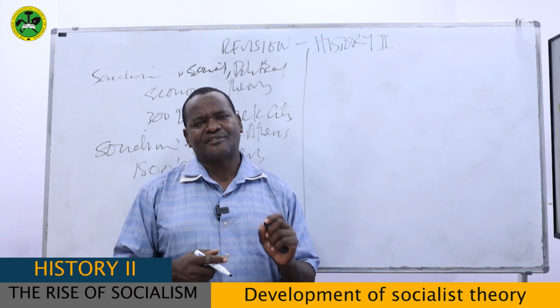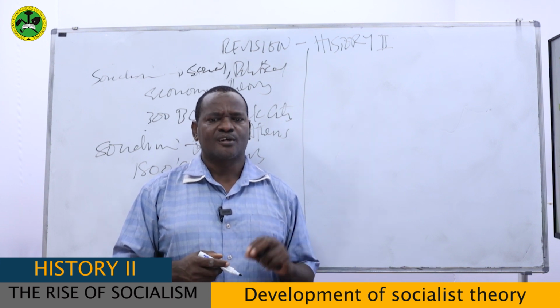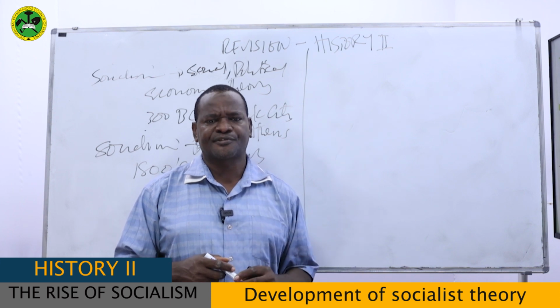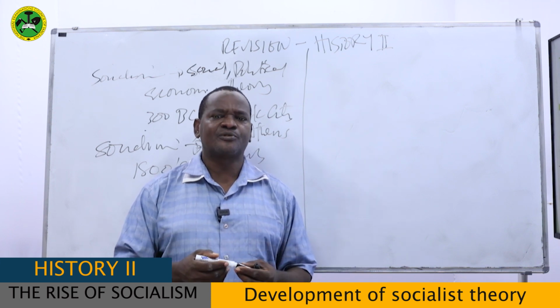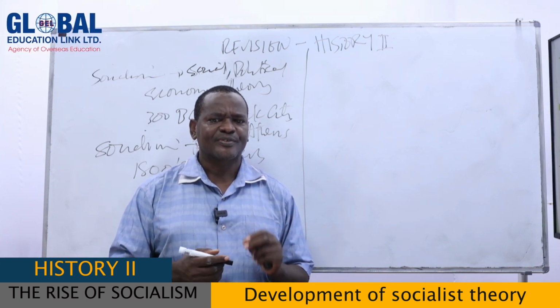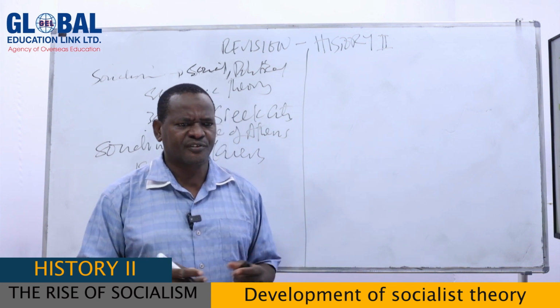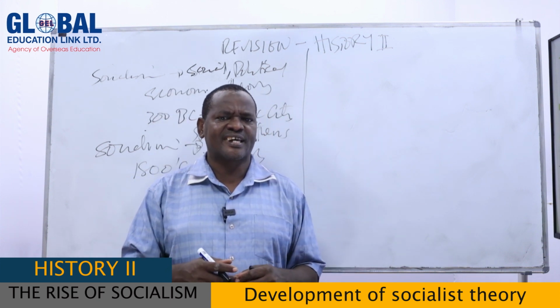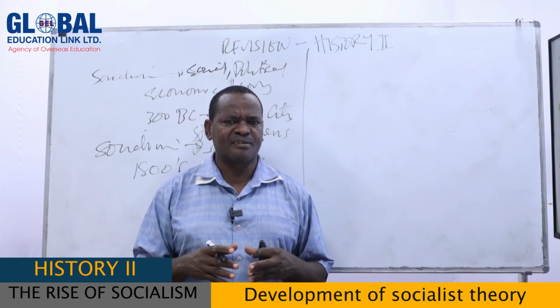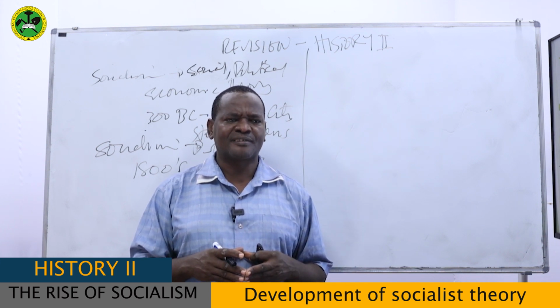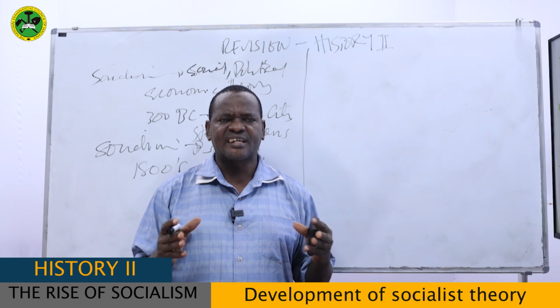A person who cared about the society was called a socialist, and those who cared less about the society were called individualistic. This word started to be used in the 1800s with the emergence of the Industrial Revolution. During the Industrial Revolution, the life of workers became so hard. There was very high unemployment, workers were paid very low wages, and people were subjected to very poor working and living conditions.